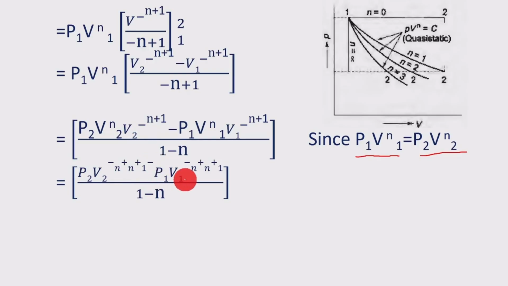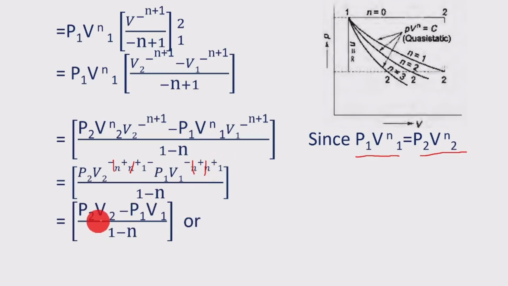Again, minus P1 V1 raised to minus n plus n plus 1. The minus n and plus n cancel in these two terms. Then only P2 V2 raised to 1 remains, and P1 V1 raised to 1 remains. We can write P2 V2 minus P1 V1, and in the denominator 1 minus n will be there.